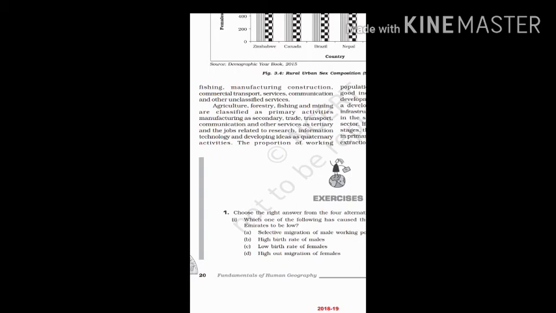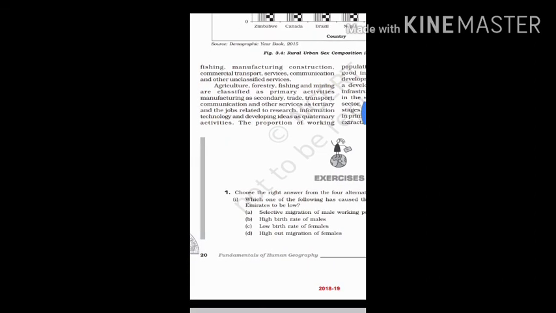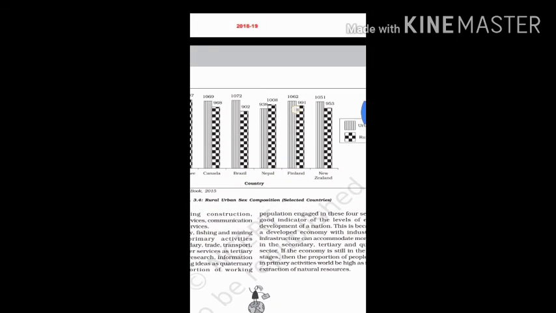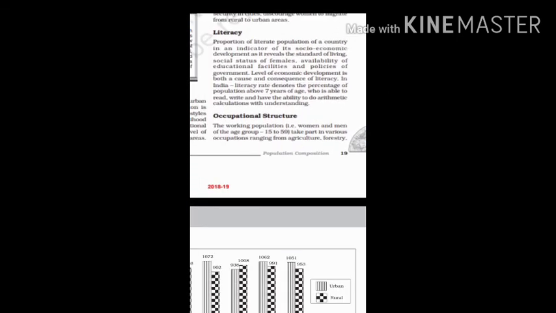Tertiary activities deal with trade, transport, communication, tourism, etc. And quaternary activities deal with jobs related to research, information and technology, etc. So these are the 4 divisions of our occupational structure. Hope you have understood it. So give this part a read and you will be able to understand all the things.